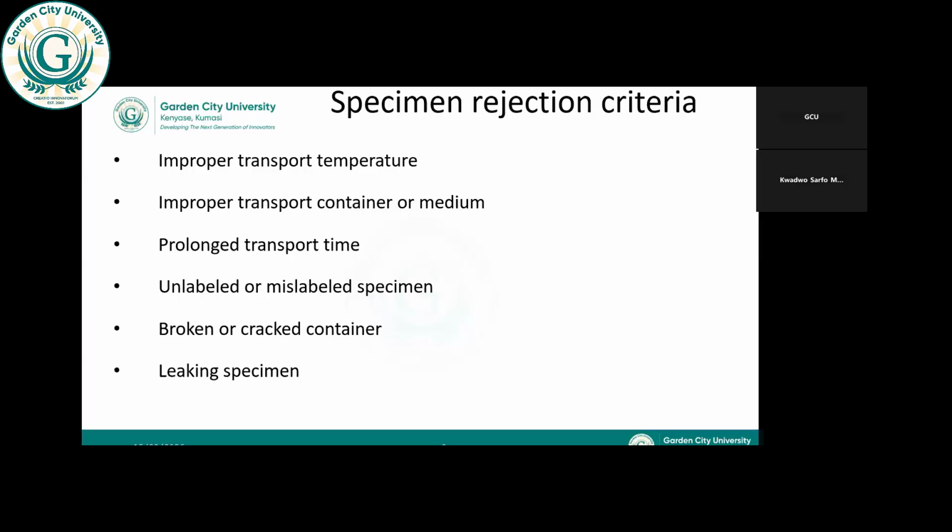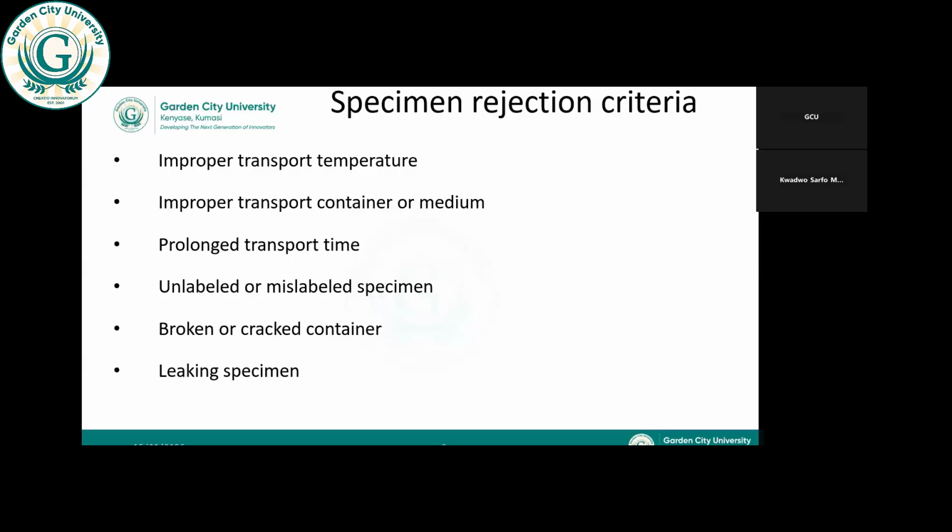Prolonged transport time. If it is prolonged but not kept in the right transport condition, sometimes it could be prolonged but kept in the transport medium. So the time of sampling is very important, so that the person could calculate how long it has stayed between collection and transportation.